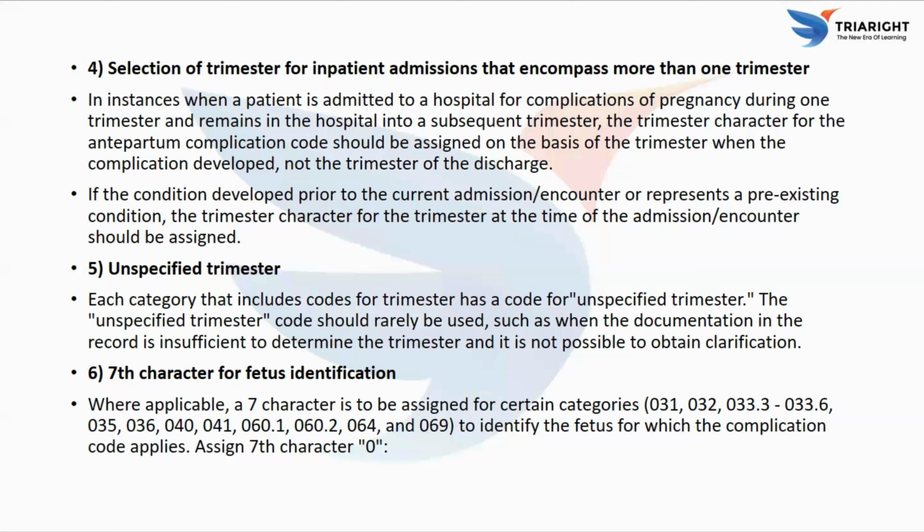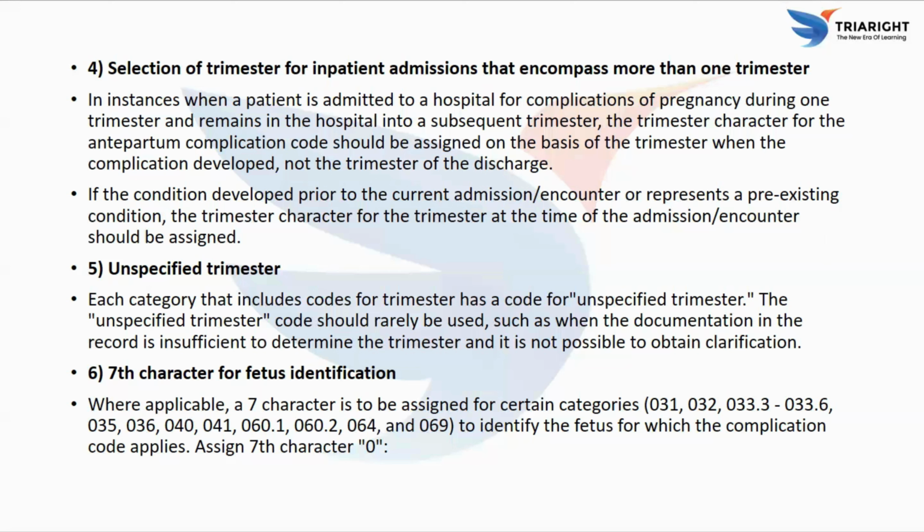If the seventh character is 0, it is not specified or single fetus. If it is 1, it indicates fetus 1. If it is 2, it indicates the second fetus, I mean only two fetuses. If it is 3, it is fetus 3. If it is 4, it is fetus 4. And 5 to 9 indicate additional fetus identifiers.